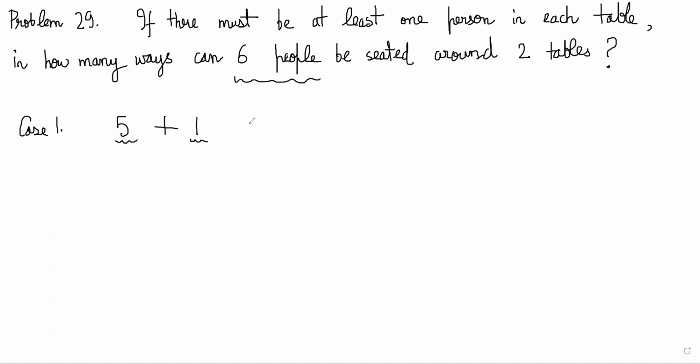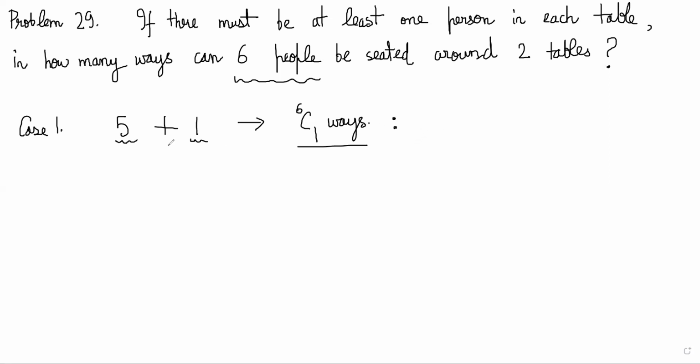When we divide them into groups of 5 and 1, you can select this one person in 6C1 ways. This person goes on one table and the other 5 on the other table. The number of ways of arranging n people around a table is n minus 1 factorial. That is something you might be aware of.